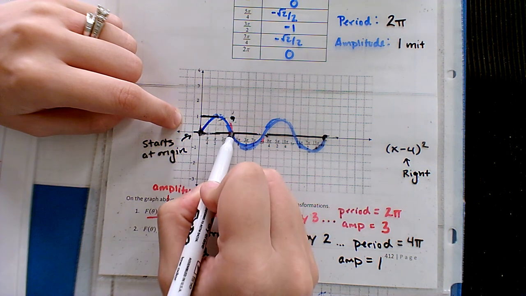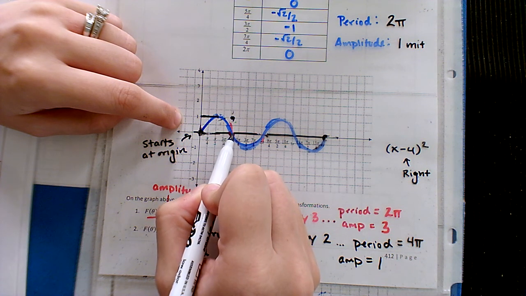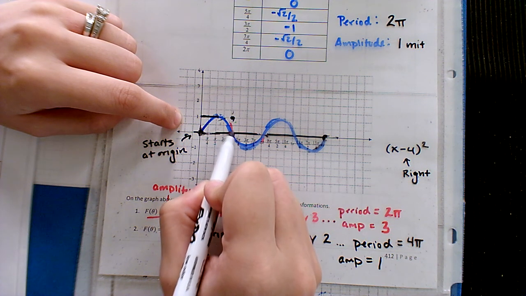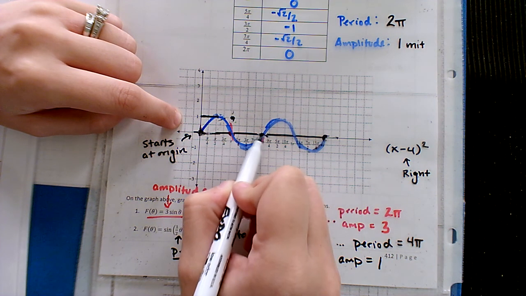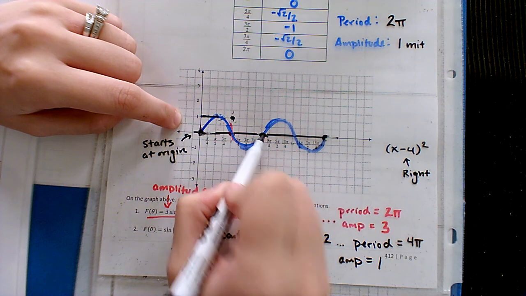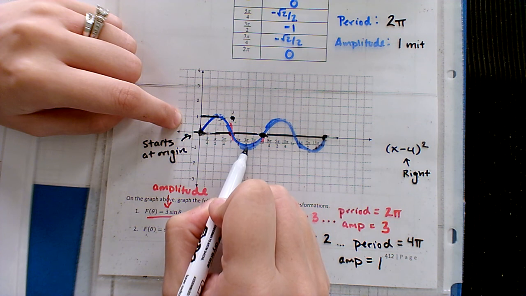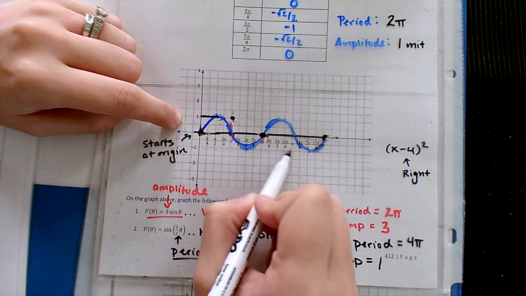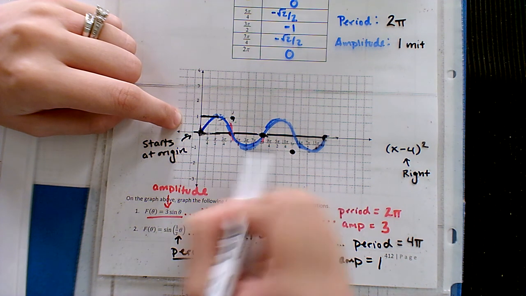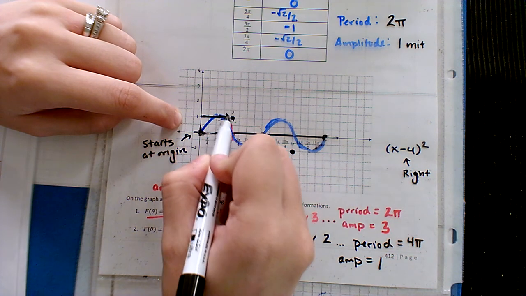The next point on the blue graph is probably this x-intercept, which is 4 units away. So this point should be moved to 8 units away, which is at 2 pi, if you count 8 over. The bottom point is 6 units away, so this point should now be 12 units away, somewhere right there. Maybe I'll draw arrows.